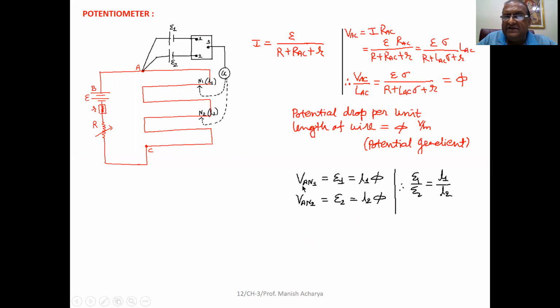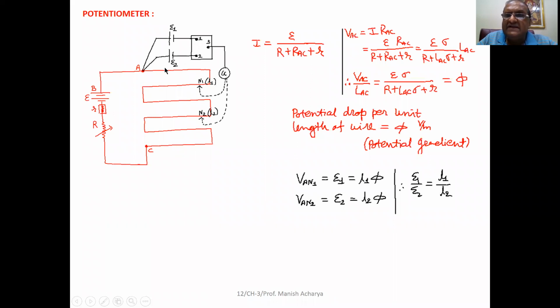So we can write the potential difference across A and 1, that is equal to E1, that is equal to L1 into phi. Now disconnect these two terminals 1 and 3 and connect the terminals 2 and 3.